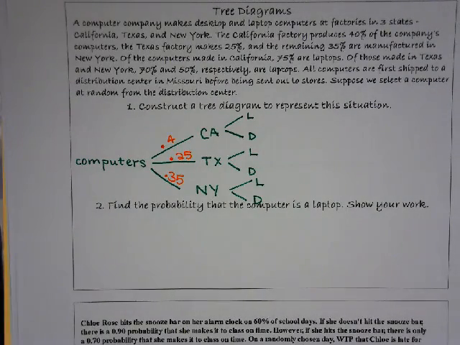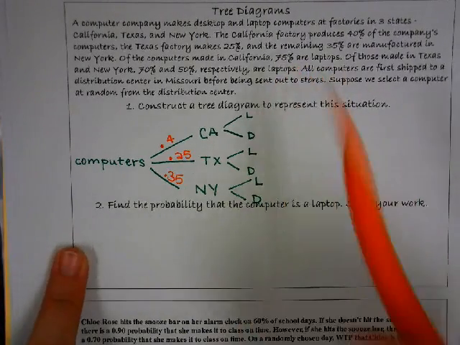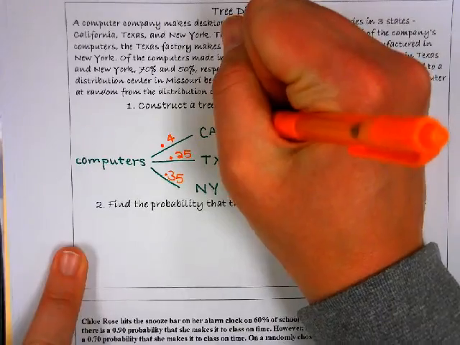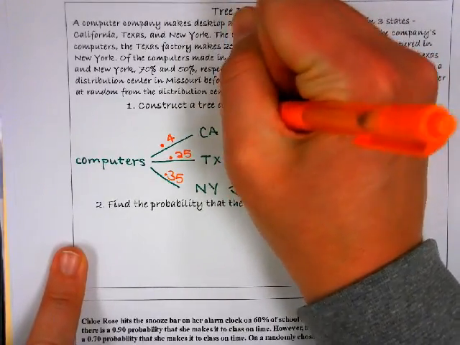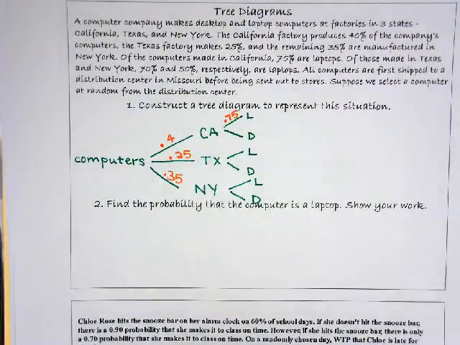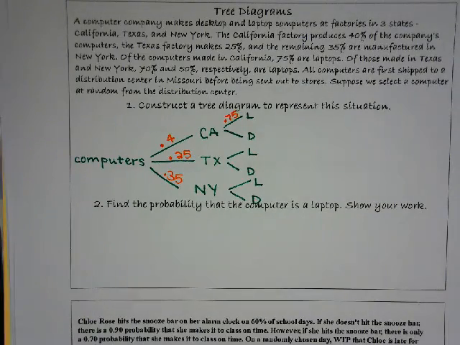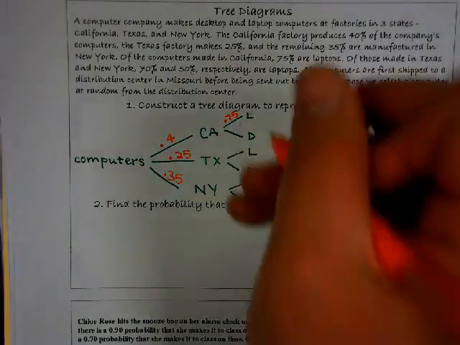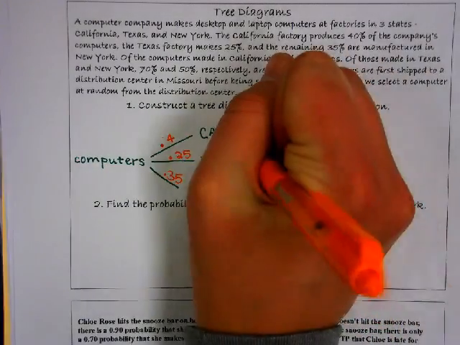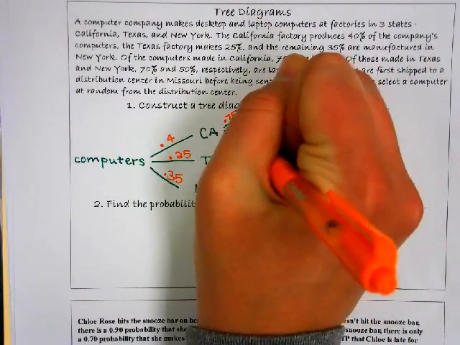It tells us that in California, 75% are laptops, by the way, L stands for laptop, D is desktop. So if 75% of the computers made in California are laptops, that means 25% are desktops.